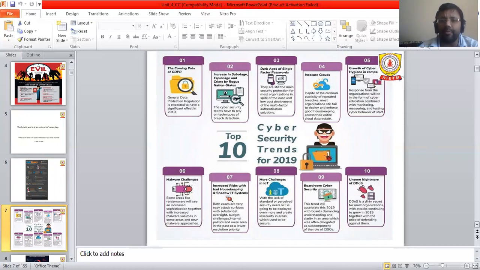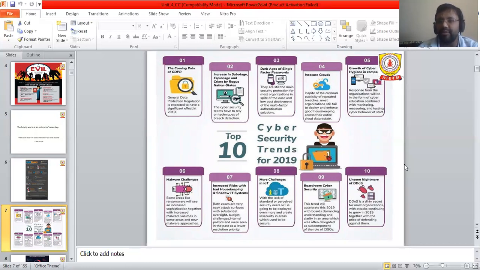Now here are the top 10 cybersecurity trends for 2019. The coming pain of GDPR, the General Data Protection Regulation, is expected to have a significant effect in 2019. There will be an increase in sabotage, espionage and crime by rogue nation states. Cybersecurity teams have to rely on techniques of breach detection. Passwords are still the main security protection for most organizations, in spite of the ease and low cost of deploying multi-factor authentication.